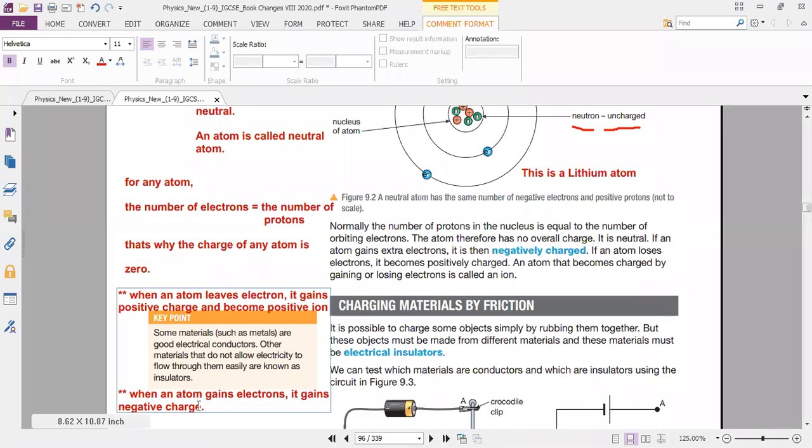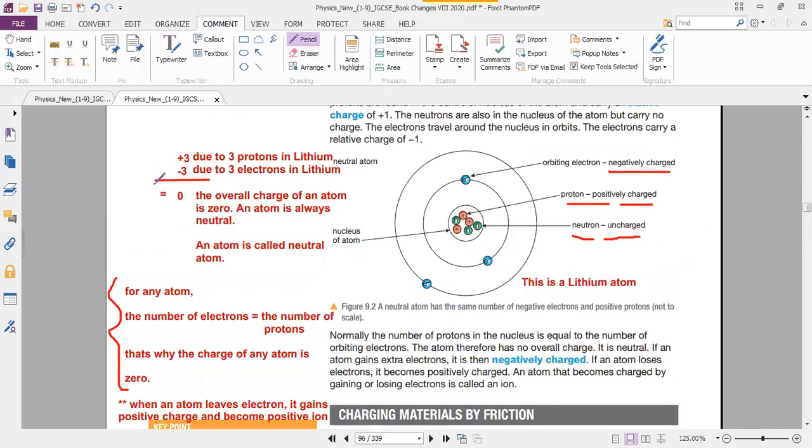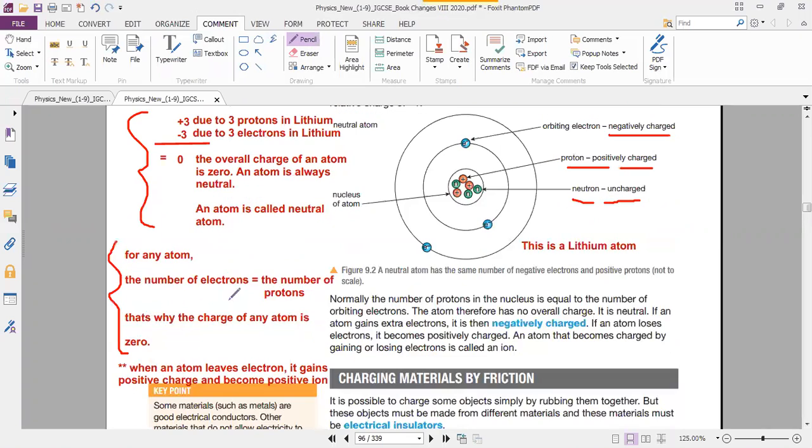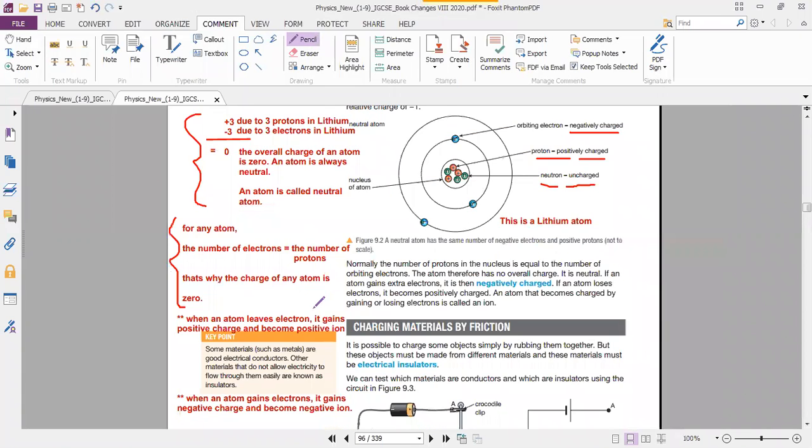And when they gain electrons, they gain negative charge and become negative ions. Right. These are important points that you have to remember. Very important points. Please write these notes. I give you time so that you can write them or get a screenshot.